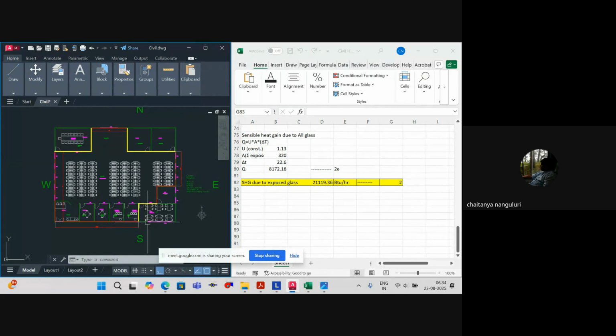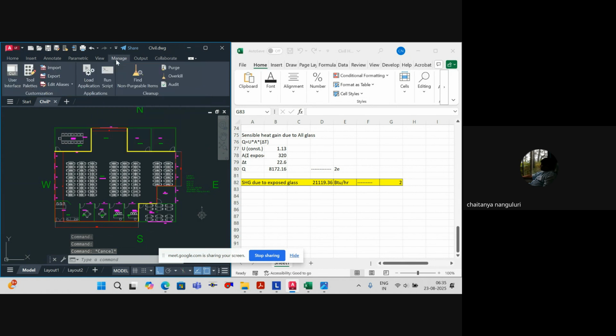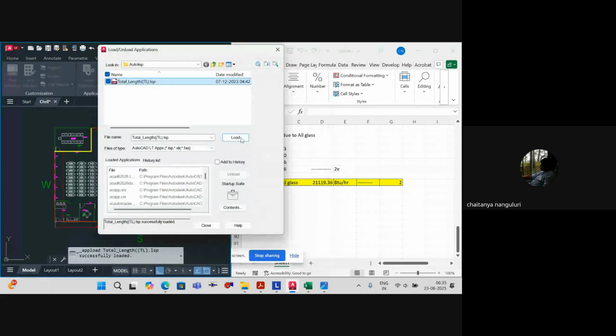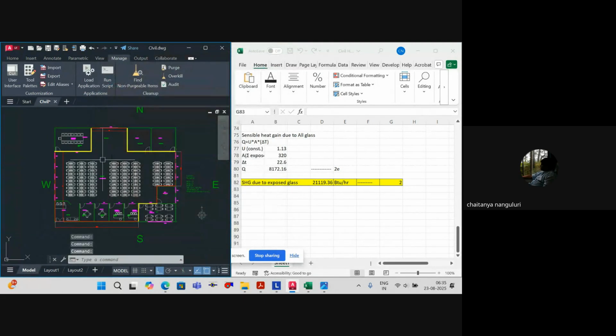You agree? So now I have to calculate the total area. This length plus this length plus this length. I've got a small AutoLISP program, and I'm just lazy to calculate it every time. So I load CLC and use the TL command.